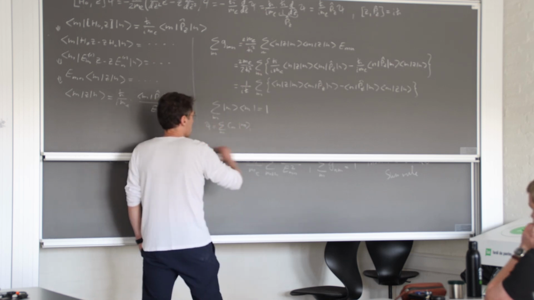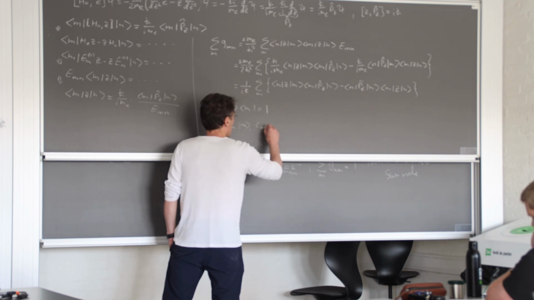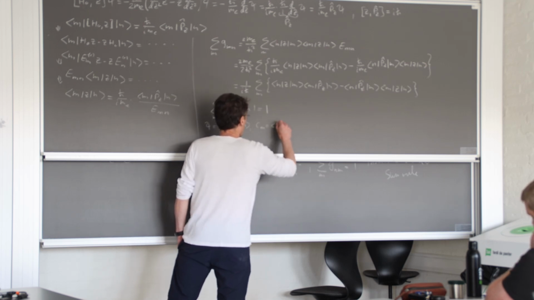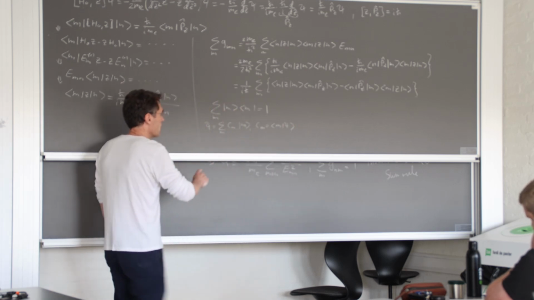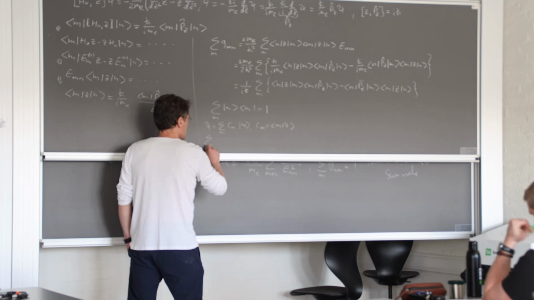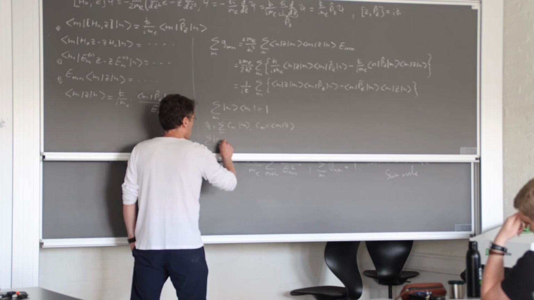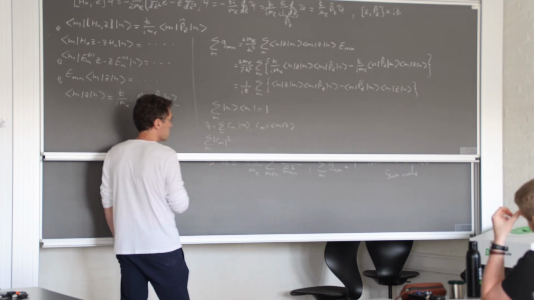And obviously by projecting, my Cm are just the projection of m on psi, but I know that the square of all those is going to give me 1, and that's the conservation of probability.